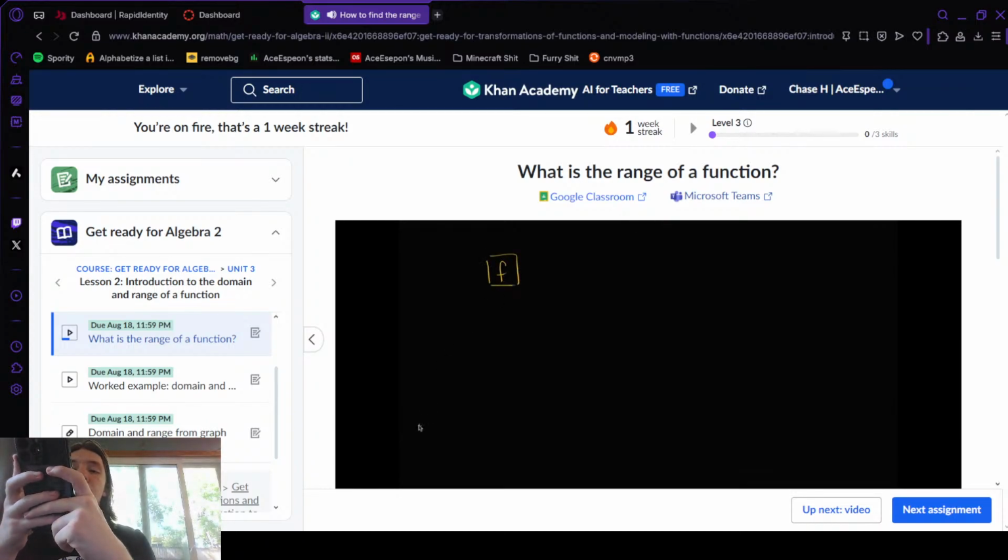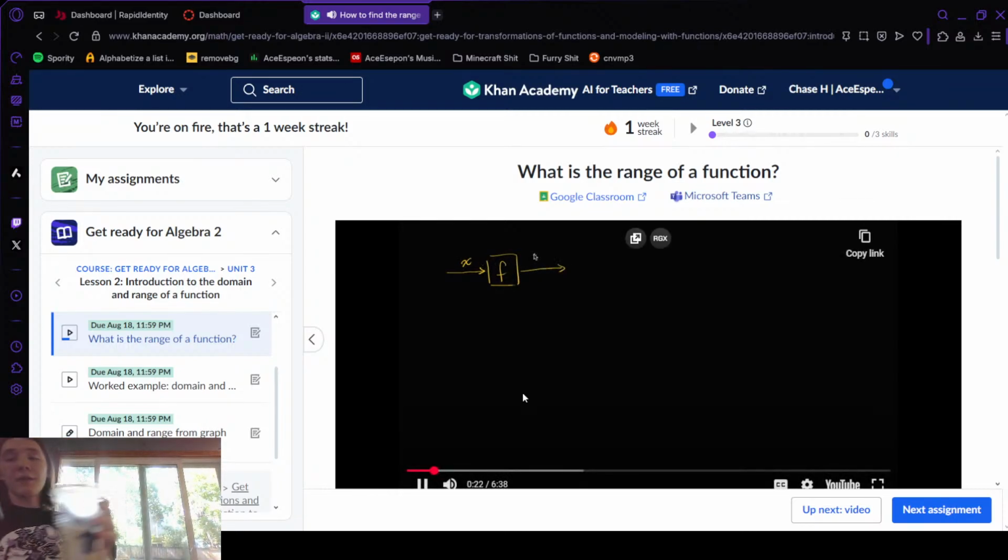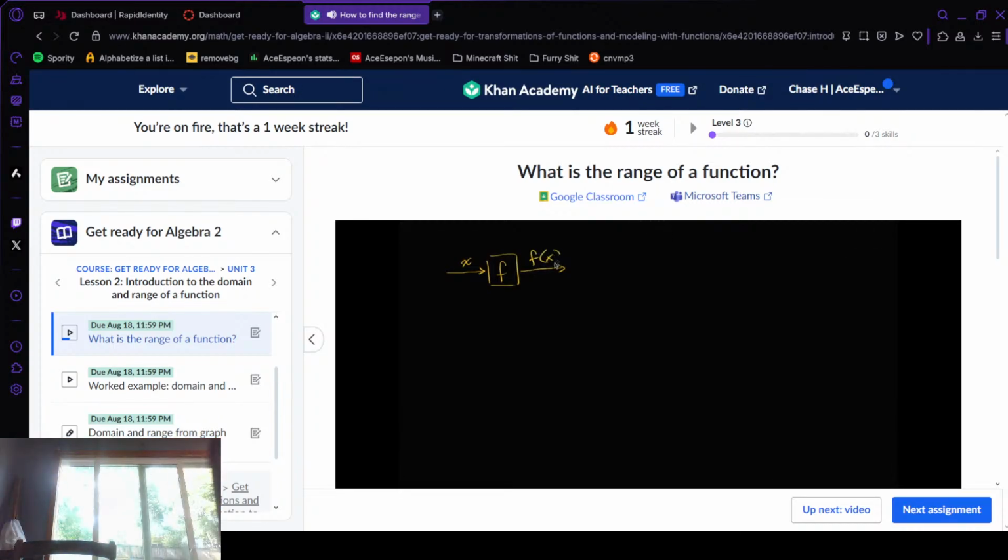We don't have to call it f, but f is the letter most typically used for functions. If I give it a valid input, and I use the variable x for that valid input, it is going to map that to an output. Given this x, it's going to produce an output that we would call f of x.